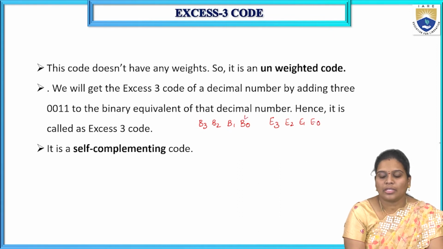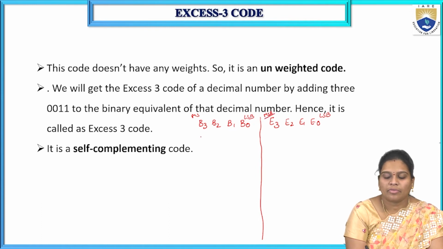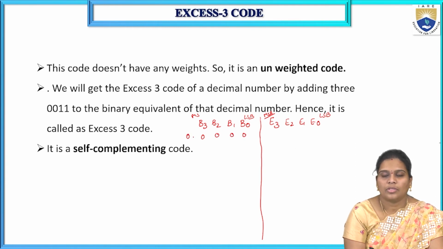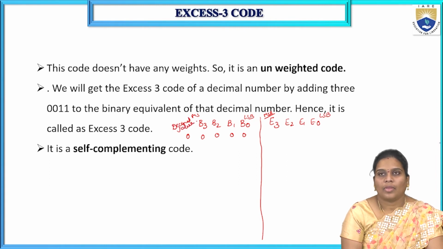This first bit is the LSB, and this one is the MSB. First we take 0, 0, 0, 0. This is the 0th one, the decimal value. Now I want the XS3 value for this 0.